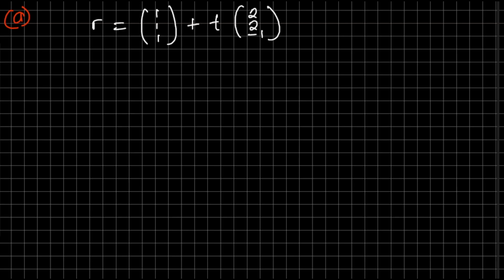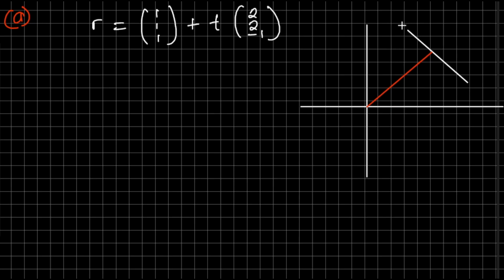Look at how the diagram is going to look. Let's say the line is like this, and then we have a perpendicular from the origin. This is AB on the line, and this is point P, which is (0, 0, 0).